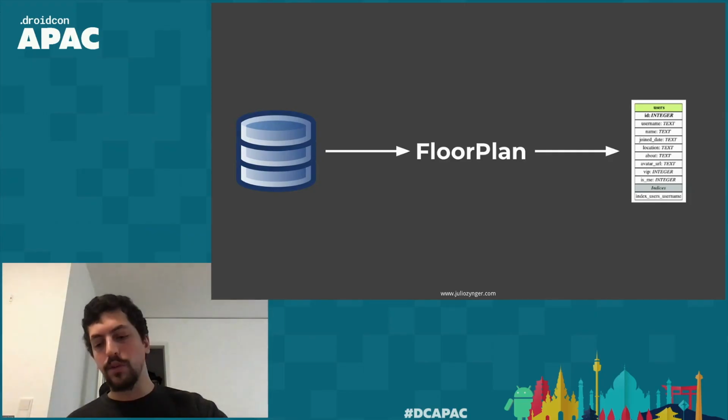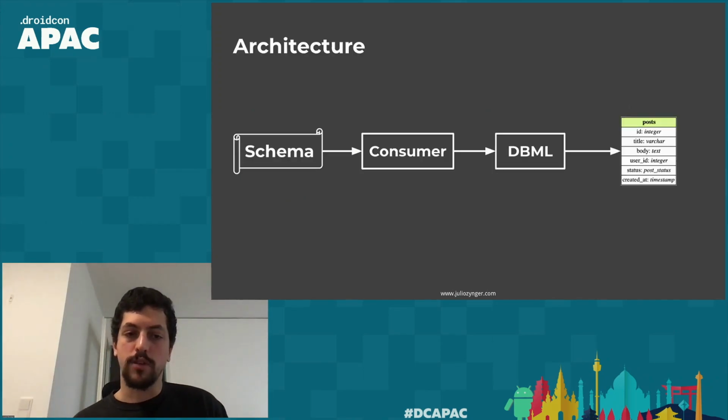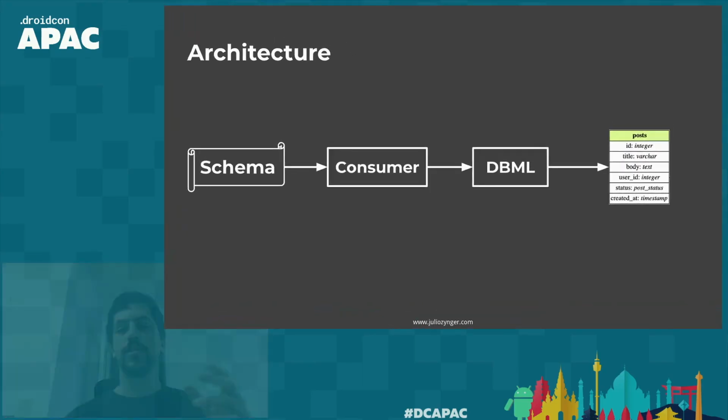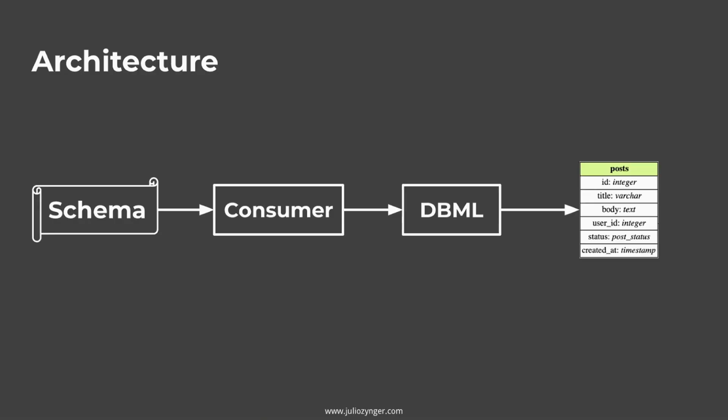So let's go deeper into FloorPlan and its architecture. FloorPlan is organized as a pipeline of components. You can see it as a kind of factory line, let's say. Each component receives the output of the previous component as input, and then passes its result down the line. We start with a database schema, whatever that is, a file that describes what the schema looks like.